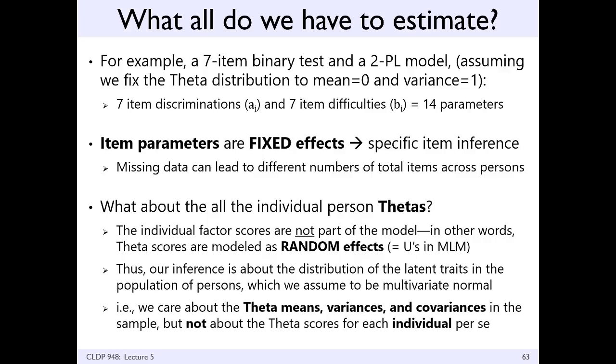I don't have to find the mean or the variance of theta because I've set that to 0 or 1 respectively for identification. Now likewise, what each person's theta is not an estimated parameter. That's not one of the things we're trying to find. However, the fact that we don't know what they are is going to cause this estimation to become much more cumbersome, take longer, and break down more quickly than in the world of multivariate normal.